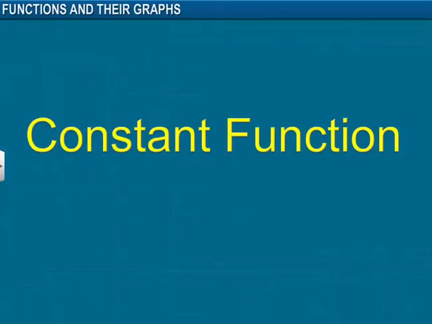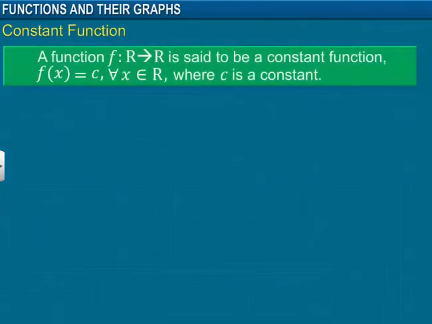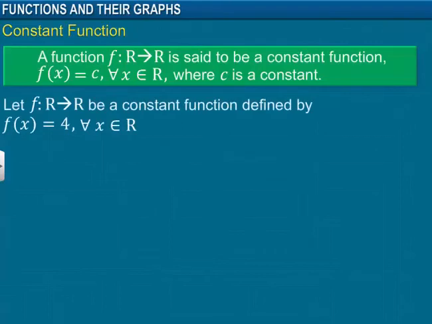Let's now move on to the constant function. A function f from R to R is said to be a constant function if f(x) = c, a constant, for all x belonging to R. Let f be a constant function from R to R, defined by f(x) = 4 for all x belonging to the set of real numbers.